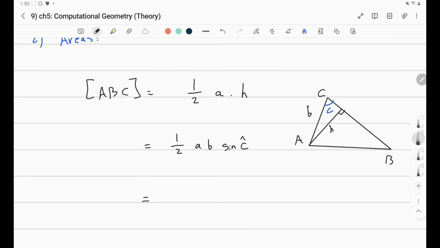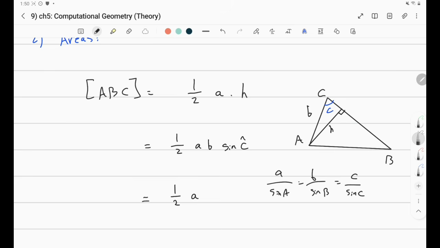Well, of course, you can relate it to the angles if you want, using the law of sines, right? So for example, we know that a over sine A is equal to b over sine B, equal to c over sine C, right?